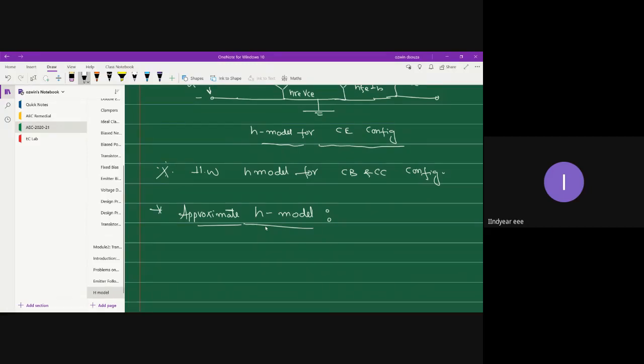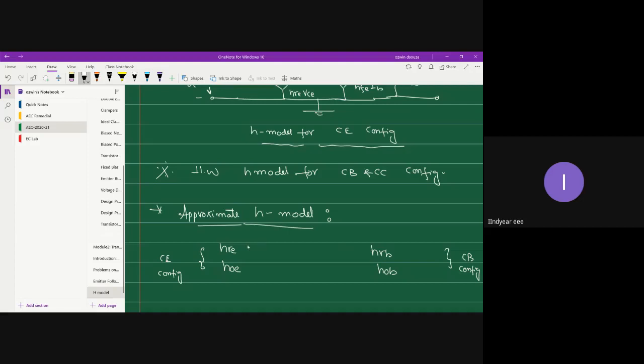When you try to find out the values of, for instance, HRE and HOE, this is for common emitter configuration, and HRB and HOB for common base configuration.